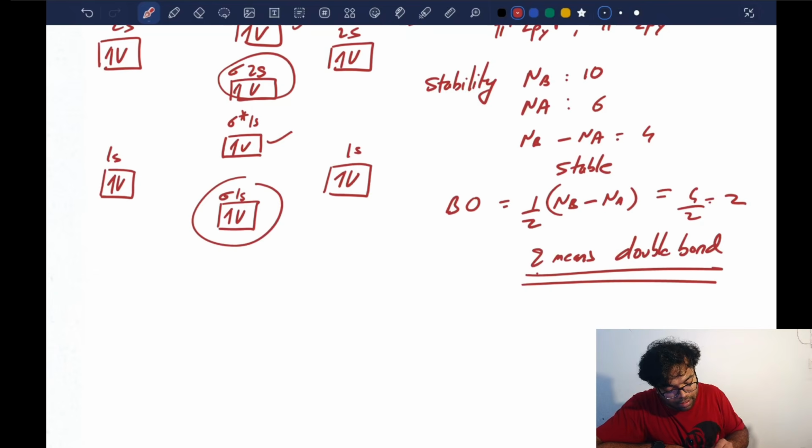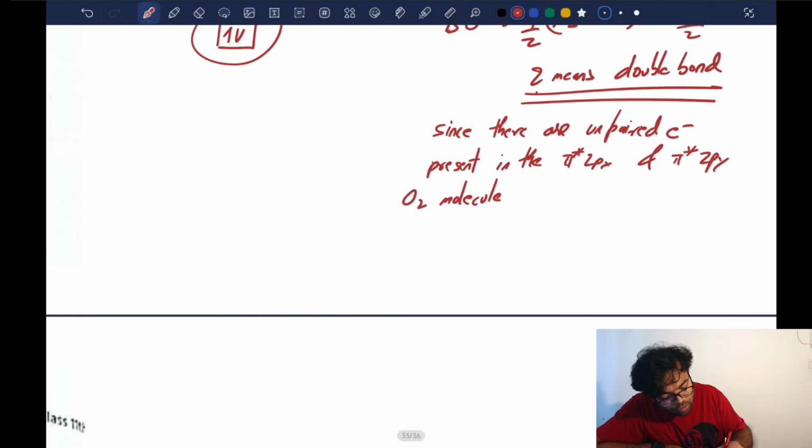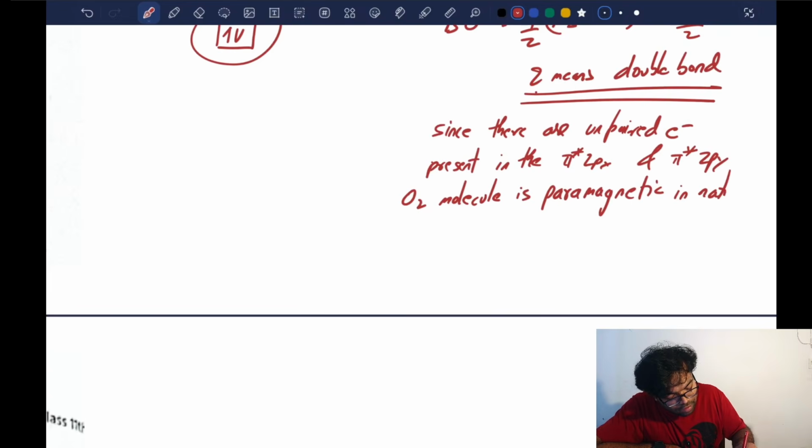What else can we say? Since there are unpaired electrons present in the pi star 2px and pi star 2py, the O2 molecule is, sorry, not diamagnetic, paramagnetic in nature.